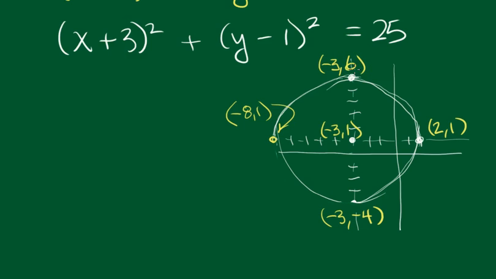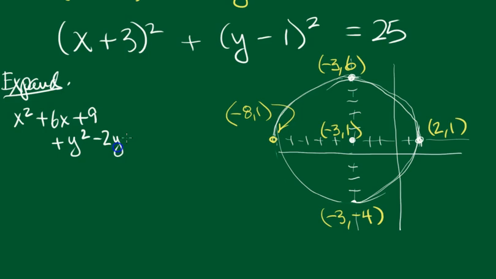Okay. Then, next thing I want to do is turn this into a general equation, so I'm going to expand. Now, this is not what we ordinarily do with these things. I just want to illustrate where it comes from. So we have x squared plus 6x plus 9 plus y squared minus 2y plus 1 is equal to 25.